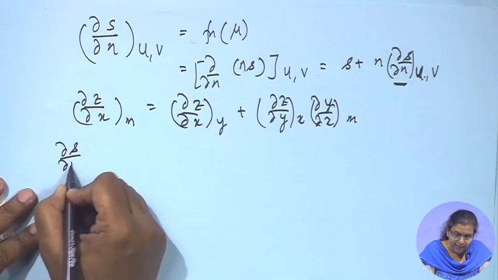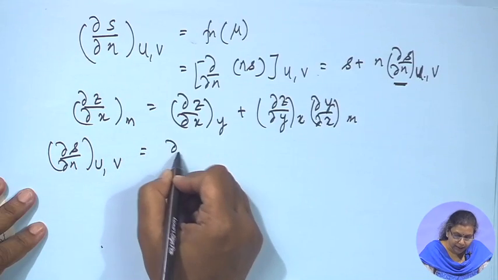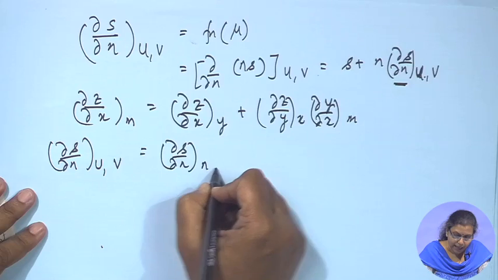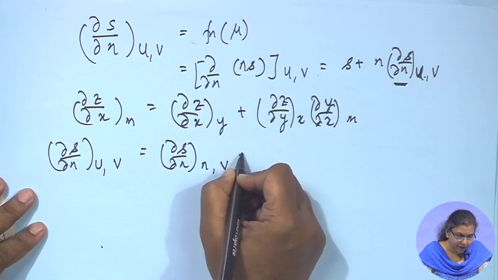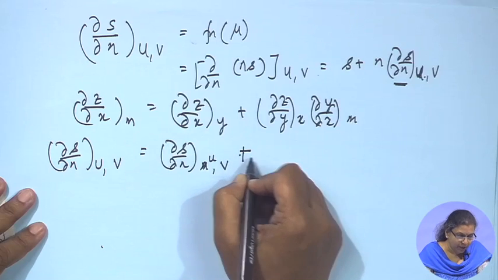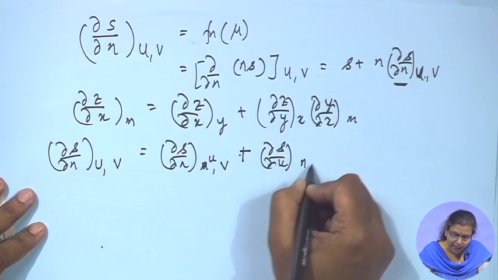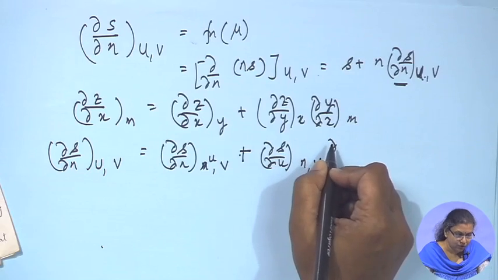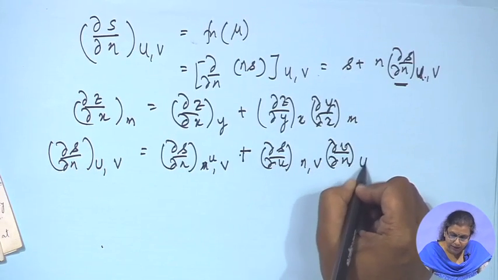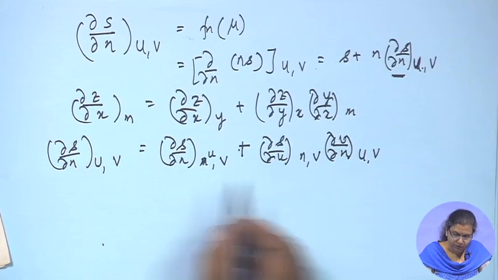We get del S del N at constant capital U, capital V is nothing but del S del N at U, V, plus del S del U at N, V into del U del N at U, V. We can write it in these terms.